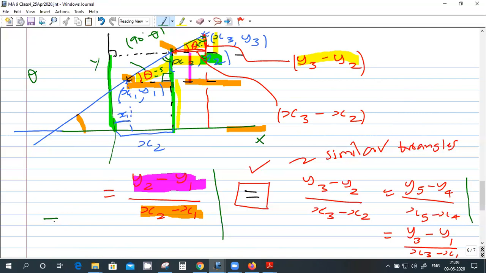See, this is change in x and this is change in y. So this has more slope compared to this one. For the same x, I'm climbing a smaller y, so this slope is more. So M1 is greater than M2.